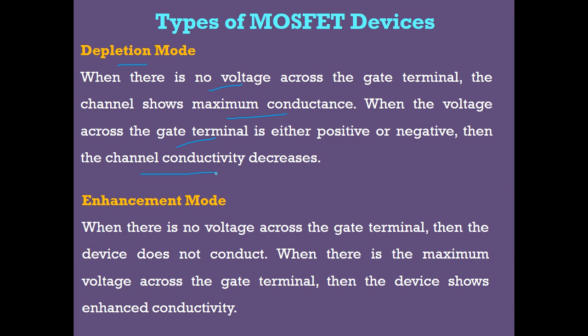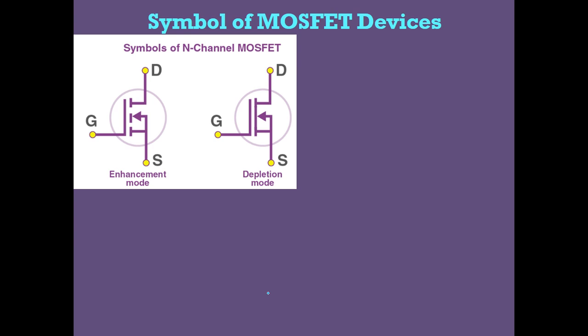That is, the channel conductivity is reduced. Just opposite to that is the enhancement mode, where no voltage is applied at the gate terminal. Instead of maximum conductance, it gives maximum resistance. That is, no current will be flowing. And whenever a potential is applied at the gate terminal, it shows increasing conductivity.